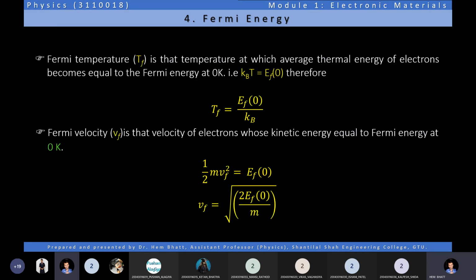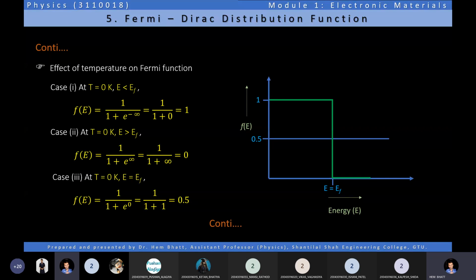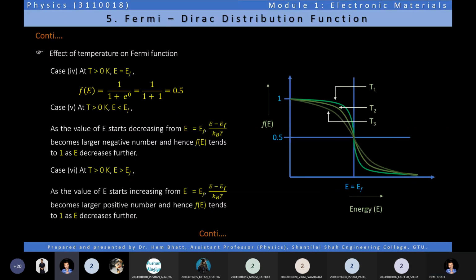છેલ્લા લેક્ચરમાં ફર્મી ટેમ્પરેચર અને ફર્મી વેલોસિટી આપણે જોયા હતા અને એની સાથે ફર્મી ડિરાક ડિસ્ટ્રીબ્યુશન ફંક્શન જોયું હતું. We did see this function and we discussed nature of this function at different temperature. Okay, tell me which one of this is true.